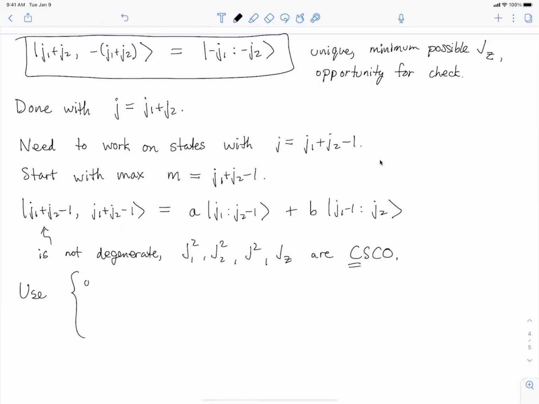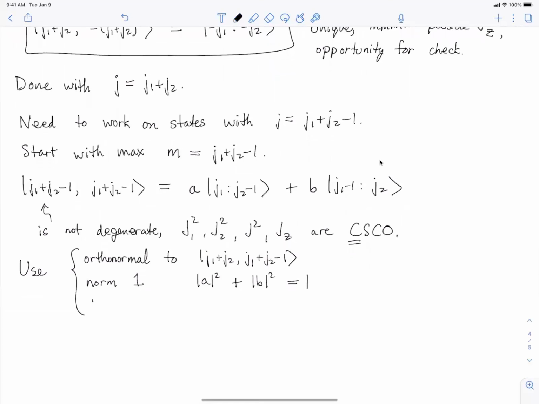So in other words, what we do is we use the following facts. We use the fact that it's orthonormal to the state that we've already found that has the different value of J, but the same value of M. Okay, and we use the fact that it has norm 1, which tells us that the absolute value of A squared plus B squared has to equal 1. Okay, so we've got two equations in two unknowns, but they're complex.